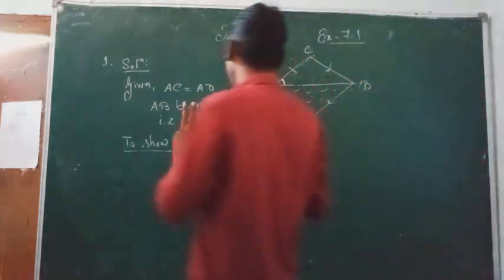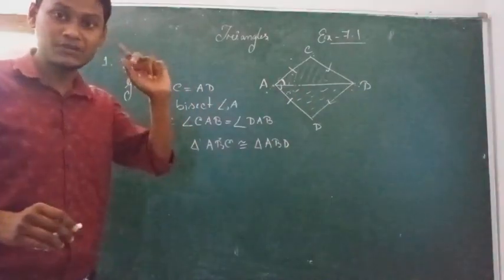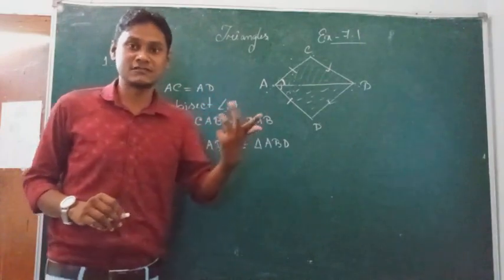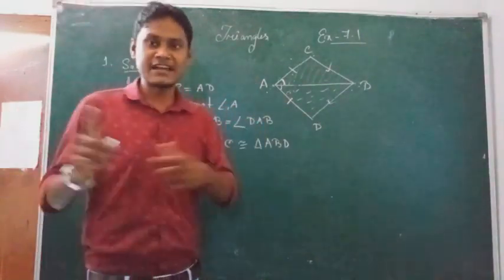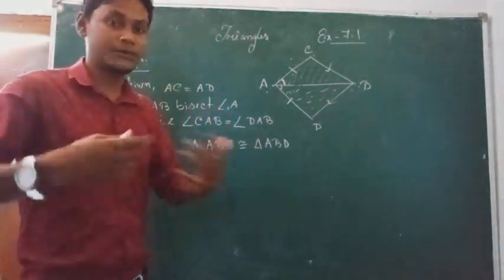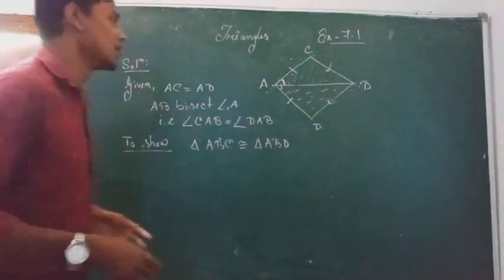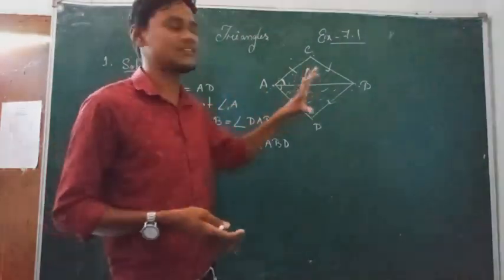We have to remember the congruence rules I discussed: side angle side, angle side angle, side side side. Based on the given information and the figure, we first have to identify them.